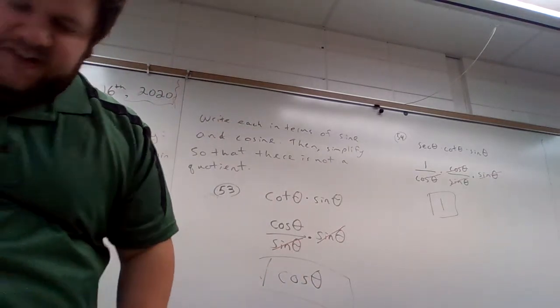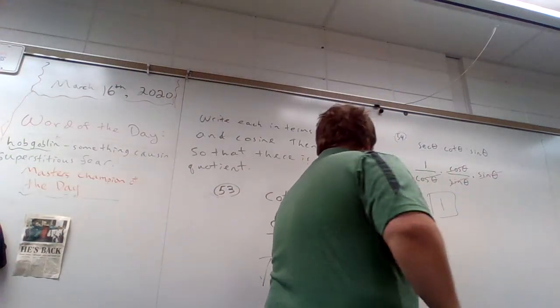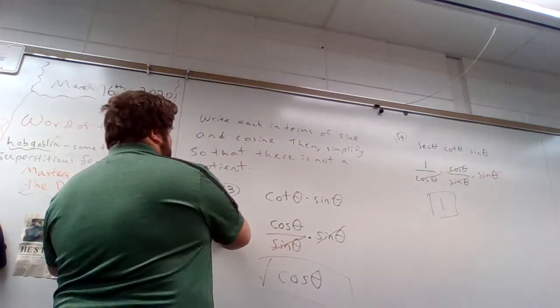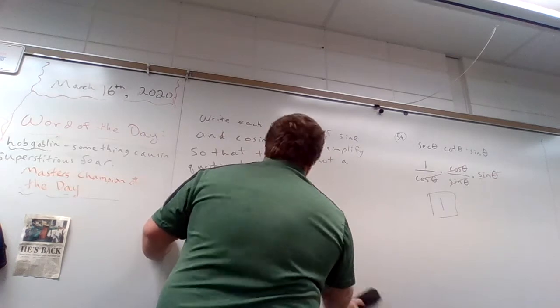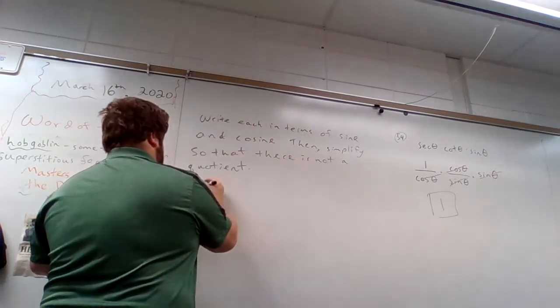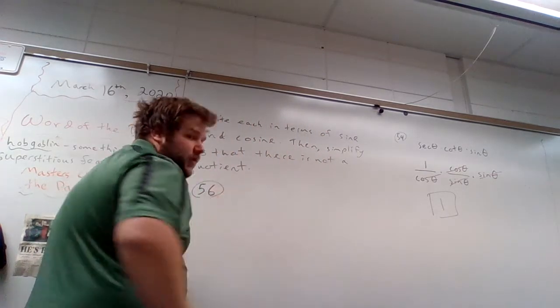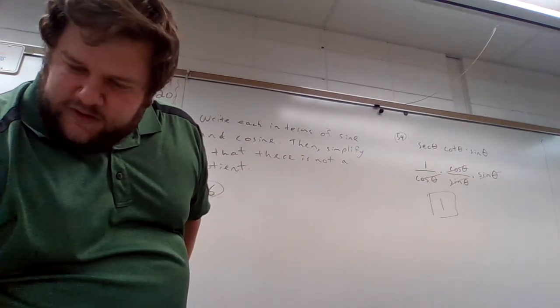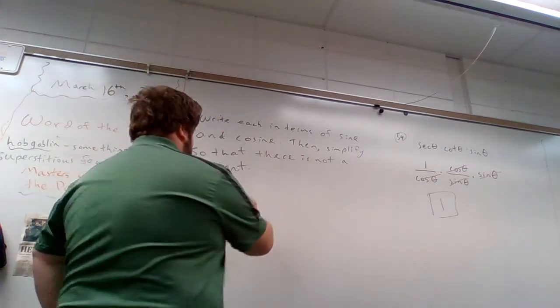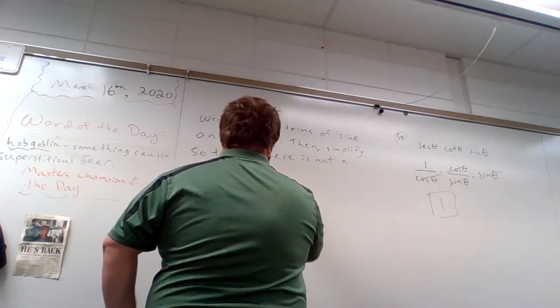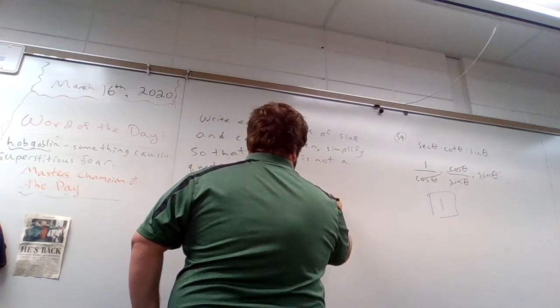So this is 56. Okay, kind of keep in mind that, well, I guess I can leave our directions up here. Let's look at 56. So we have cotangent squared theta times 1 plus tangent squared theta.